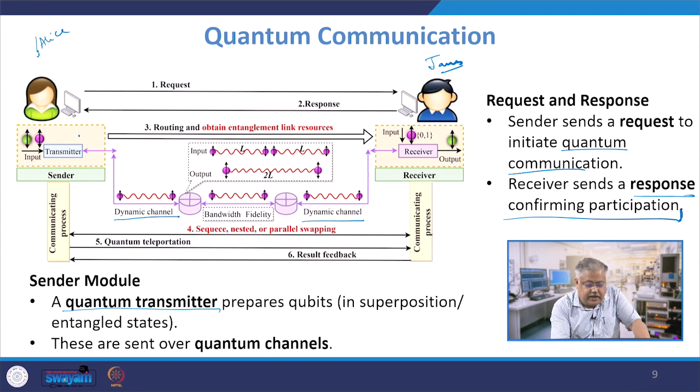It's a two-way communication platform by which you can actually send the data from sender back to the receiver and receiver back to the sender, and this is primarily based on entanglement linked resources. So you obtain a link resource which is entangled, and you send the entangled data from the sender to the receiver and back.